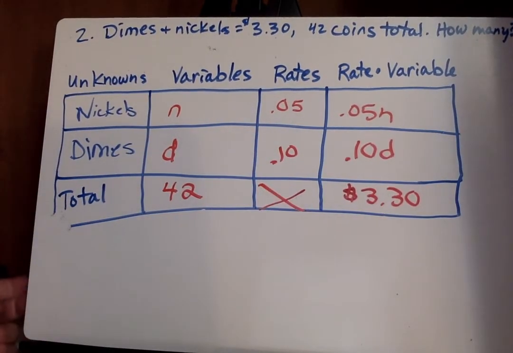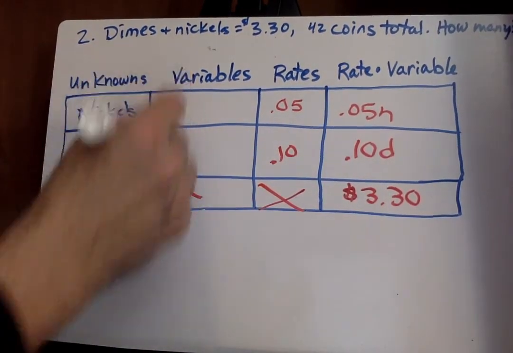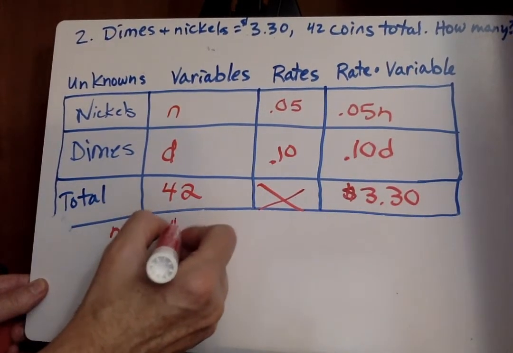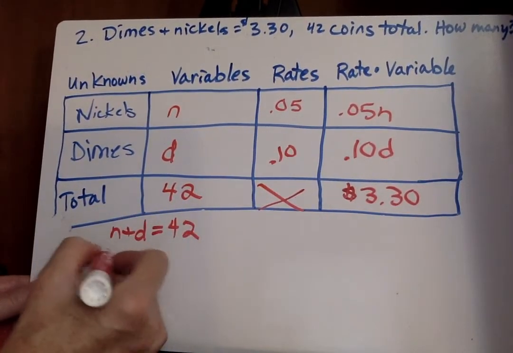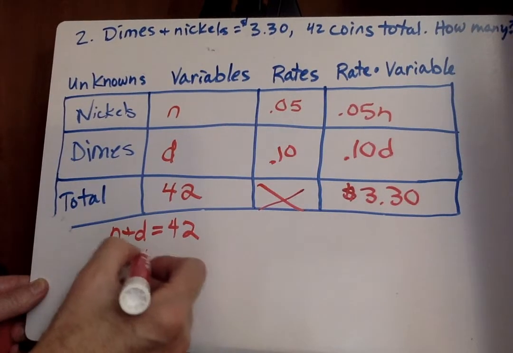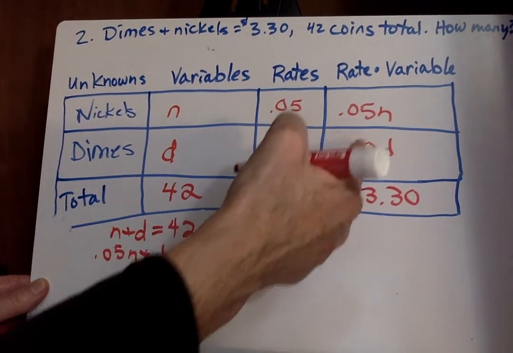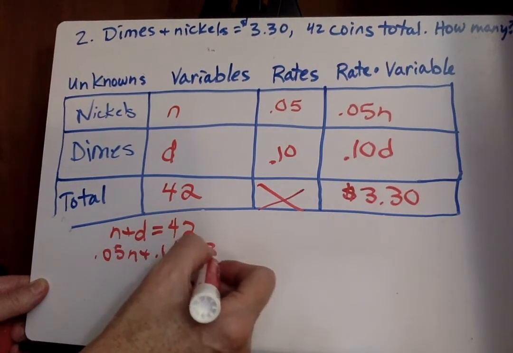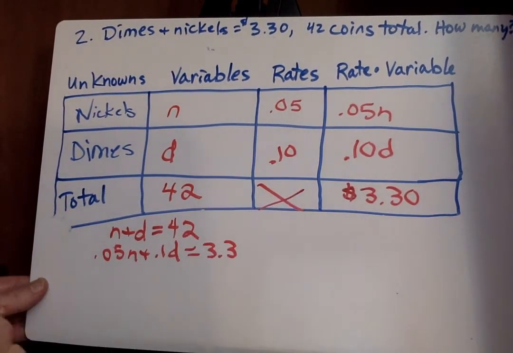Okay. So we write our 2 equations straight down here. N plus D equals 42. And 0.05 N plus 0.1, I'm going to drop the 0 there, I really don't need it, times D equals 3.3. I'm going to drop the dollar sign as well.